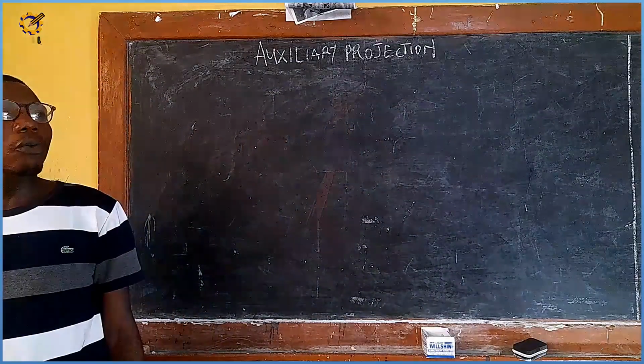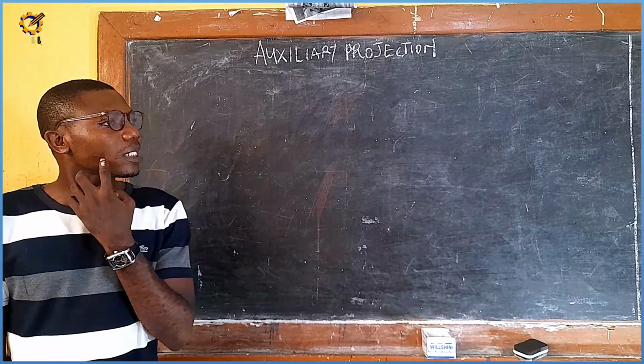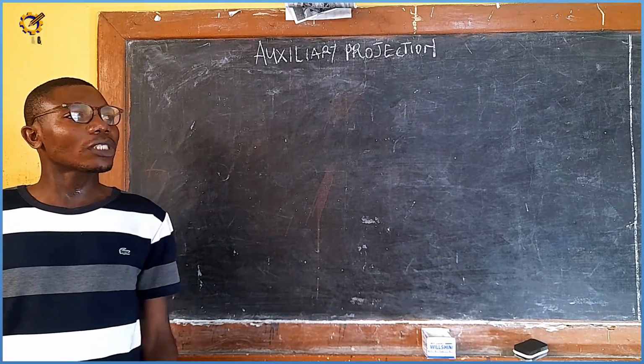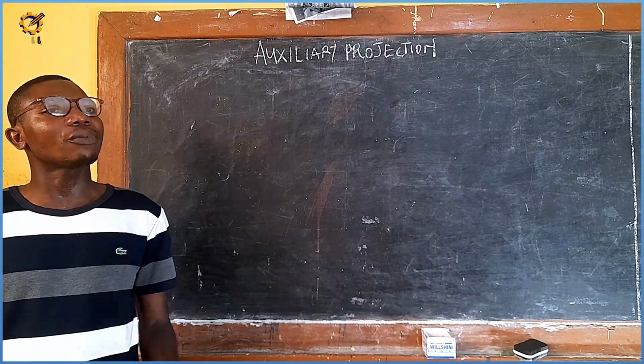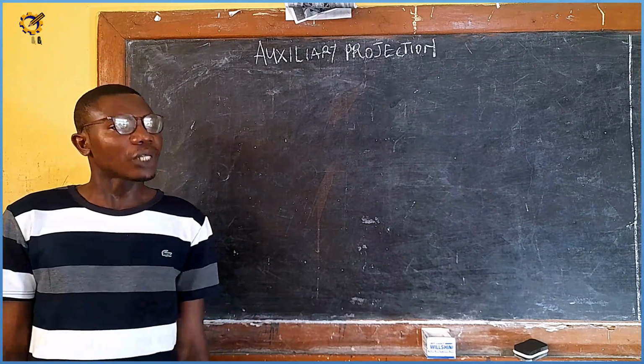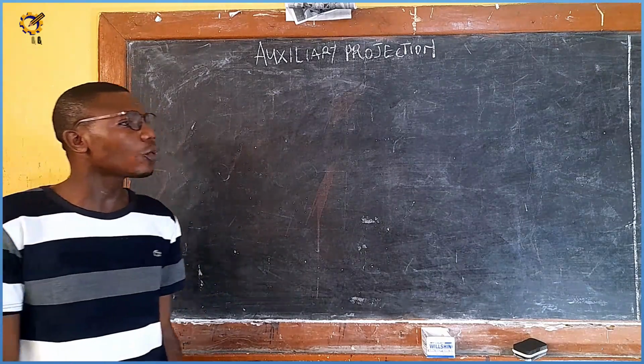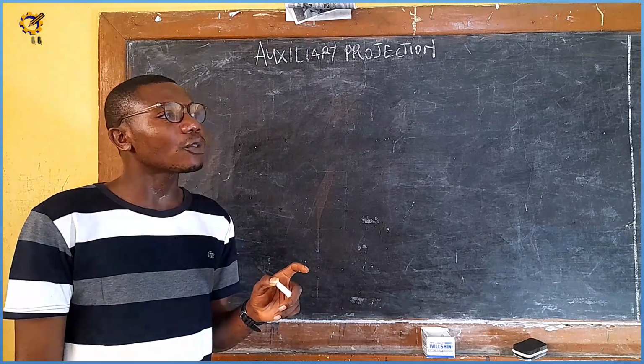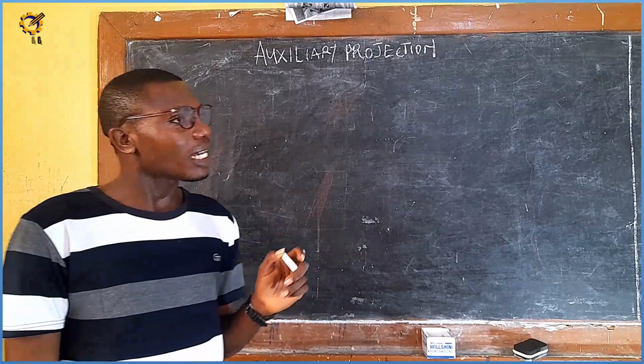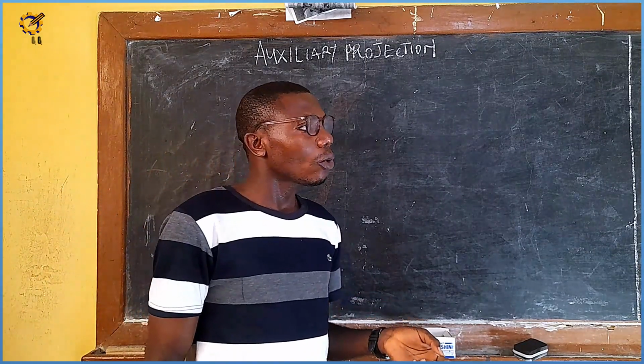All right. So before we proceed, what differentiates auxiliary projection from orthographic projection? In orthographic projection, we show the three principal views, which is either the front view, the plan, or the end elevation. What am I trying to say?